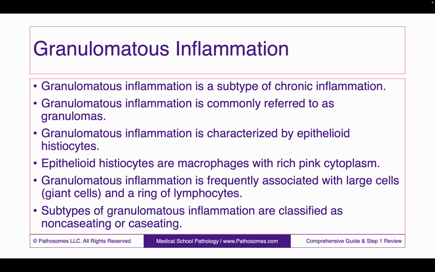Granulomatous inflammation is frequently associated with large cells, so large that we call them giant cells. And those are usually surrounded by a ring of lymphocytes. Subtypes of granulomatous inflammation are classified as non-caseating or caseating.